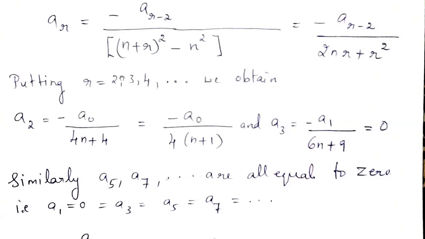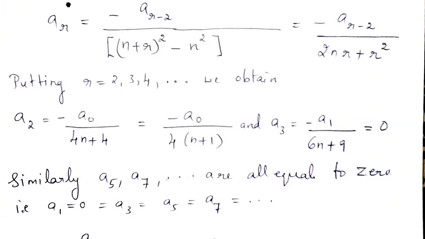Now let's take the value of r equal to 3. If you put r equal to 3, you get a3 equal to minus a1 divided by (n plus 3) whole square minus n square. But here, since you get a1 in the numerator, we already know the value of a1. The value of a1 is 0. If the value of a1 is 0, the value of a3 has to be equal to 0.